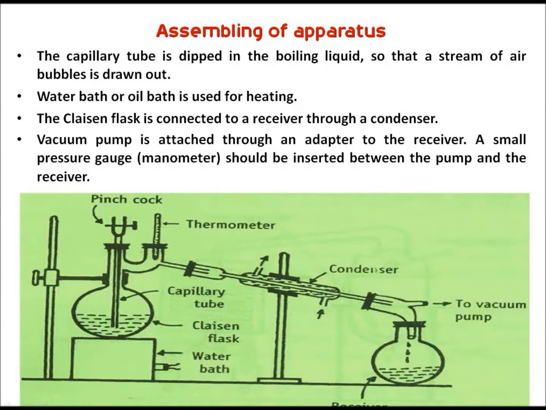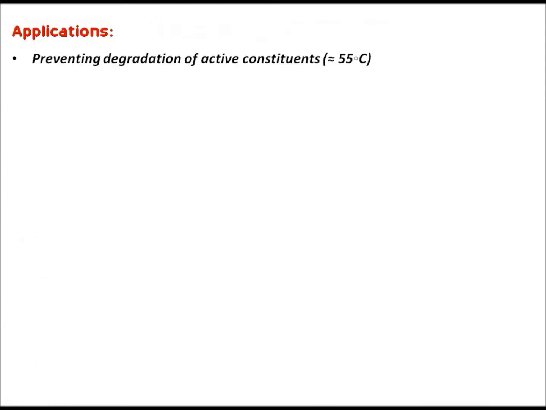Clear? Now the application, where it is applied. It is generally used in preventing the degradation of active constituents, because we all know that plants generally have active constituents. From the plant parts we separate out the active constituents. Generally this type of vacuum distillation apparatus is used because in such apparatus we can lower the boiling point.